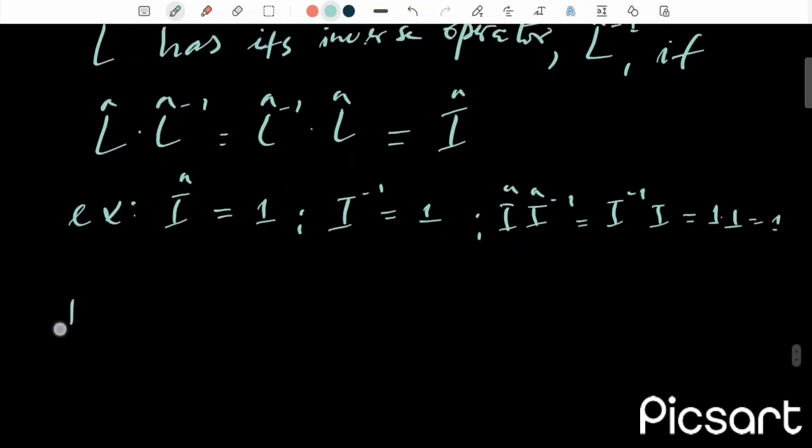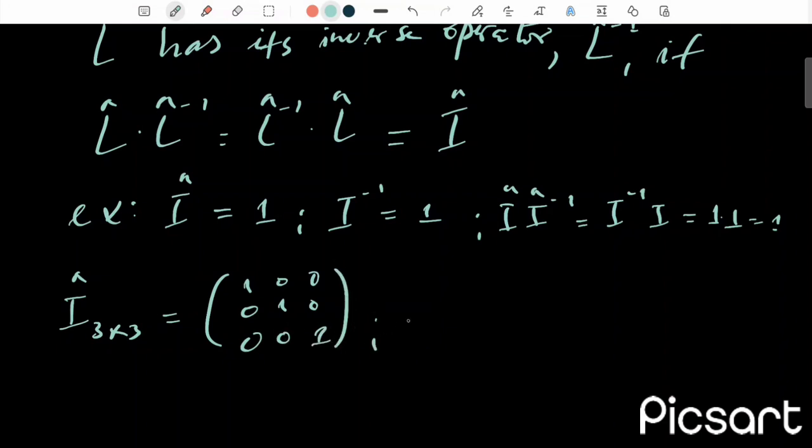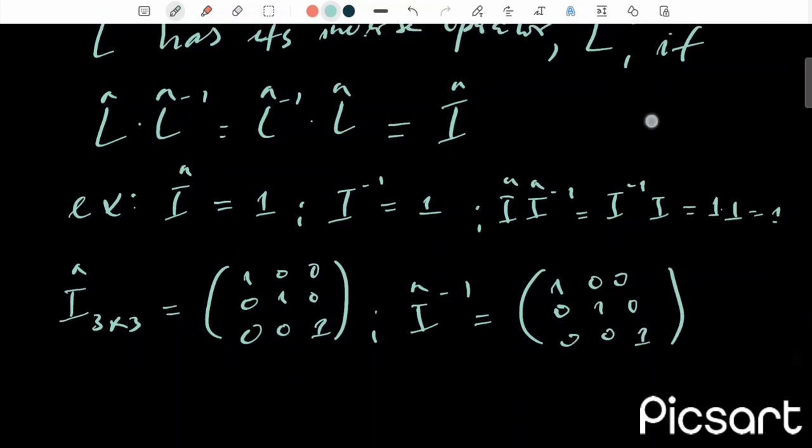Also, we can have, for example, the identity matrix of 3, which is 1 0 0, 0 1 0, 0 0 1, and we are saying that its inverse is also 1 0 0, 0 1 0, 0 0 1.